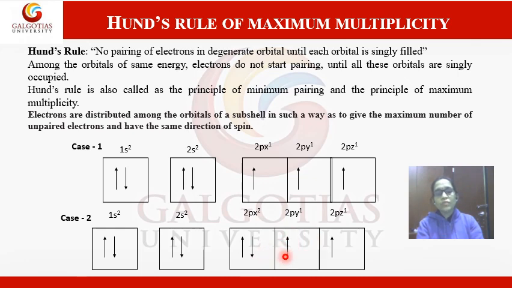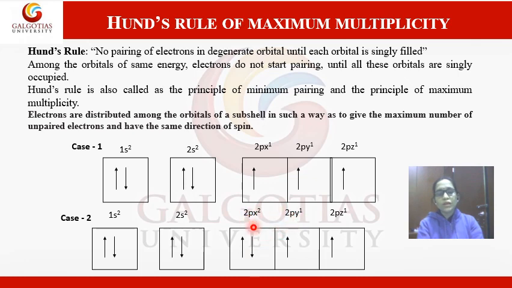We cannot put 2 electrons in px and 2 in py, as that is an unstable configuration. First I have to fill one electron in each orbital: px1, py1 and pz1. Then there is one remaining electron, which we pair, satisfying Pauli's principle, one being plus half and the other minus half.